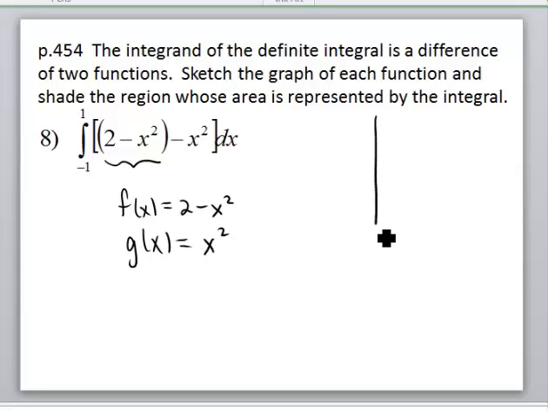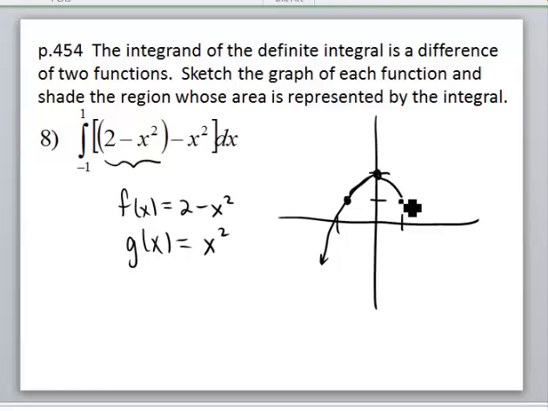So f of x looks like this. It crosses at 0, 2, and it's a parabola going down. What it looks like is a parabola going down like this.